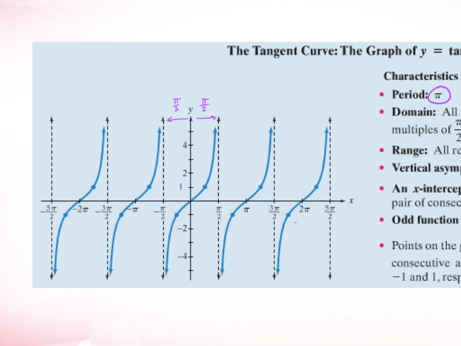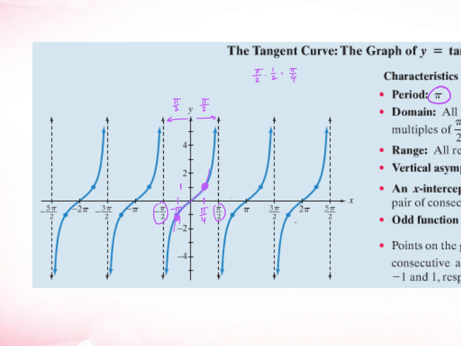So they went to pi over 2, and they went to negative pi over 2. And if I break that in half, what's half of pi over 2? That's pi over 4. So this is pi over 4, and this is negative pi over 4. And so on the right, it goes up, and on the left, it goes down. And that's exactly how you would graph these.